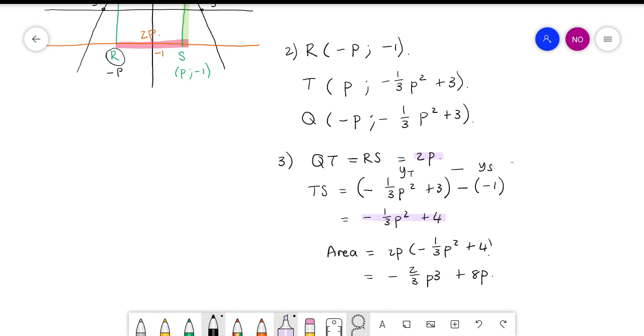Okay, almal by. And now obviously they're going to ask you for the maximum. So they're saying bepaal die waarde van P waarvoor die oppervlakte van QRST 'n maksimum sal wees. What type of a graph is this? It's not a parabola. It's not exponential.